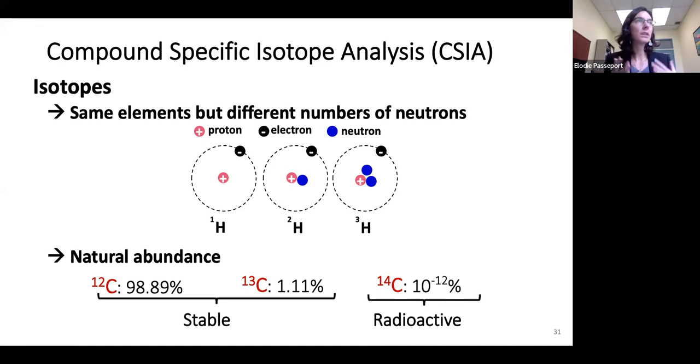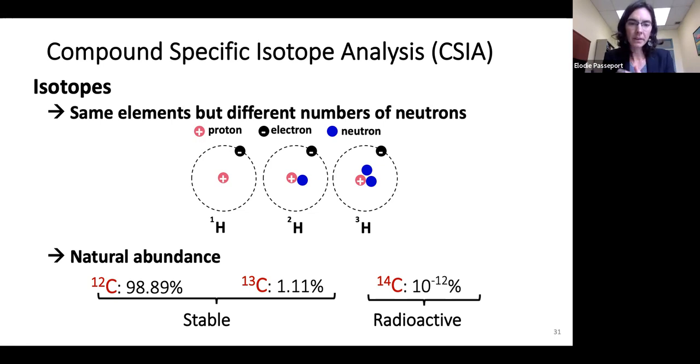For example, of the atoms of carbon around us, 98.9% is carbon-12, which is a stable, light isotope of carbon, and about 1.11% is carbon-13, which is a heavier isotope because it has an extra neutron in the nucleus, but it's still stable. In other words, it doesn't decay radioactively. And then at natural abundance, you also have some carbon-14, but that's 10 to the minus 12 percent compared to all the carbon. So this is not going to kill us at this stage.